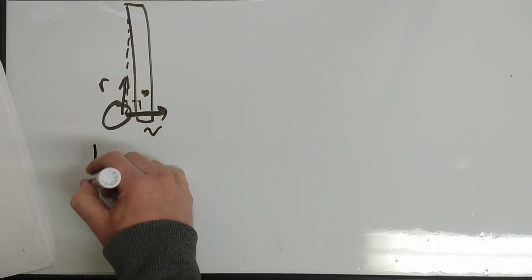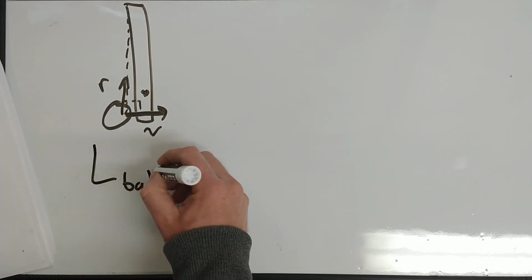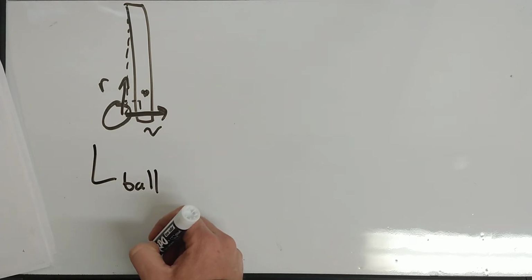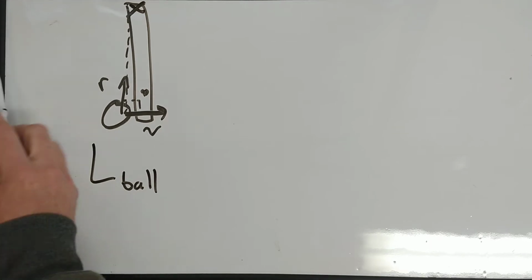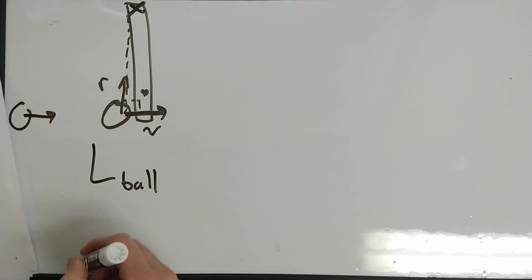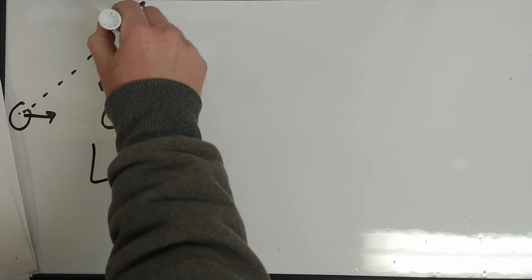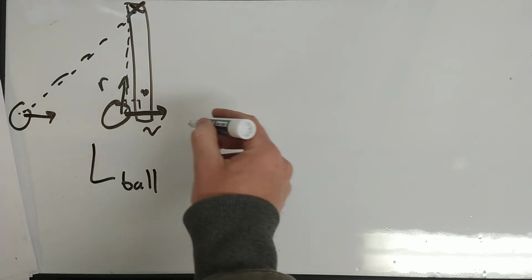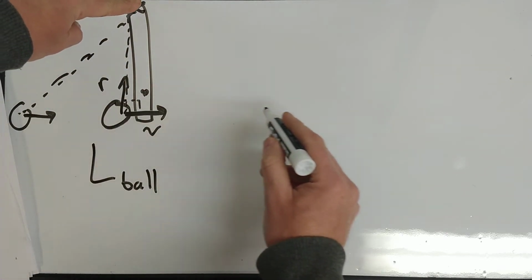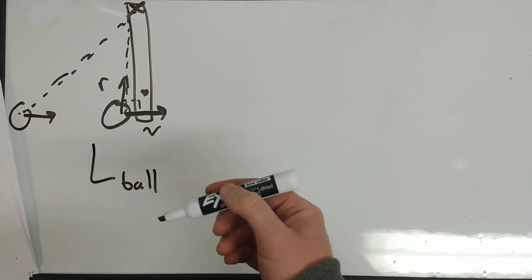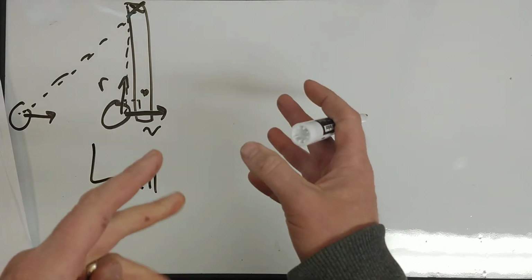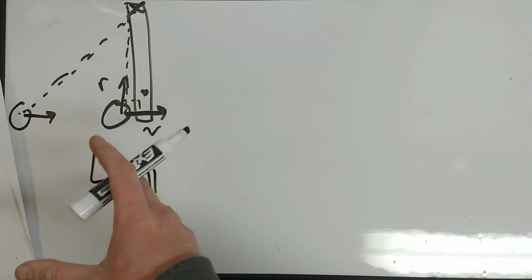So we can say the ball has angular momentum. In fact, because this is the rotational axis, you can say anything moving in a straight line has angular momentum, because it has a radius. That radius is changing as it moves, but it's always relative to some point.